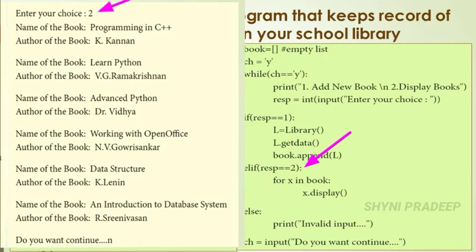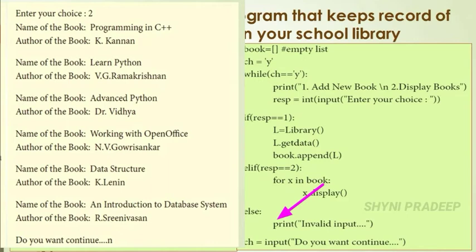So if this condition is true, you can execute the following statements. A for loop is given, for x in book. It displays all the books that are available in the school library. If there are no books available, the else part will be executed, which means print invalid input.